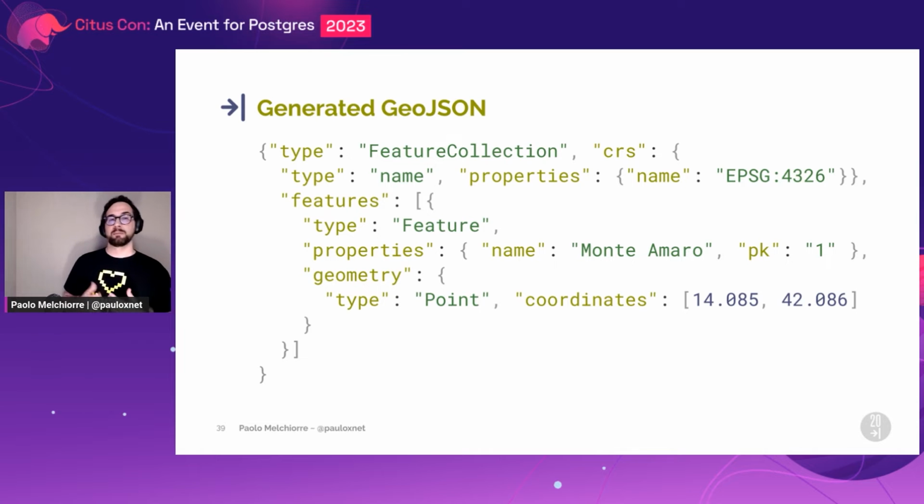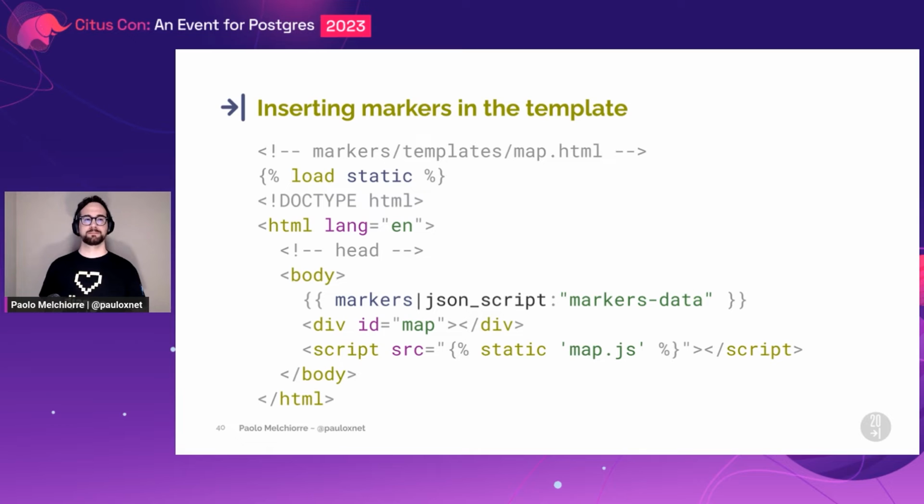The value of the markers key in the context dictionary will be something like that, a GeoJSON generated file. In our template, we use the json_script template tag to securely add our markers to our page.